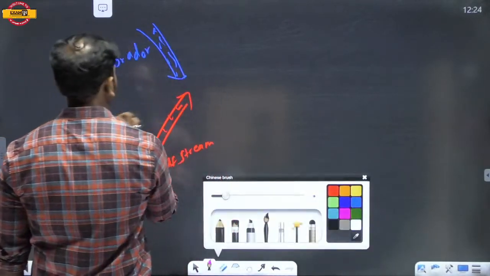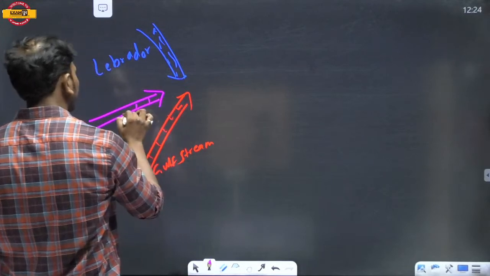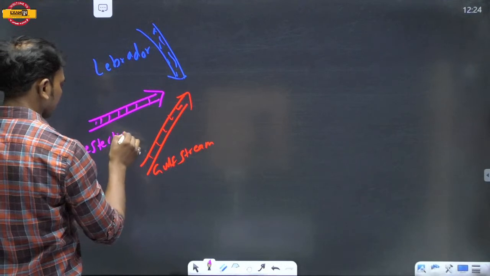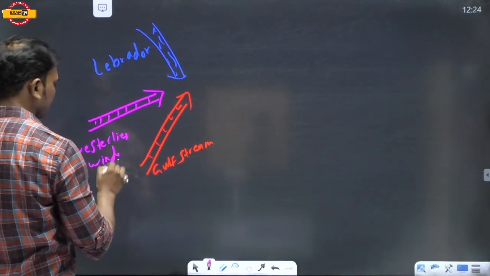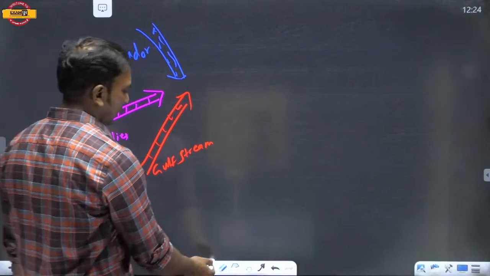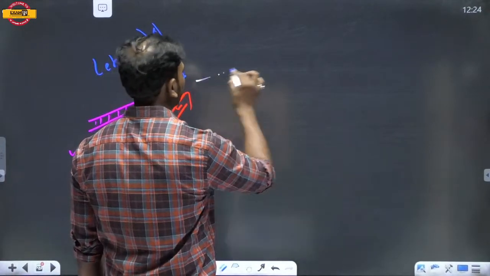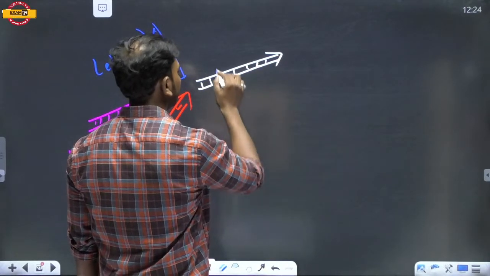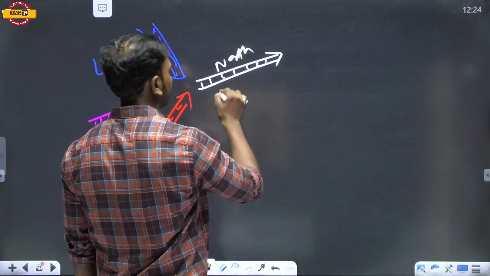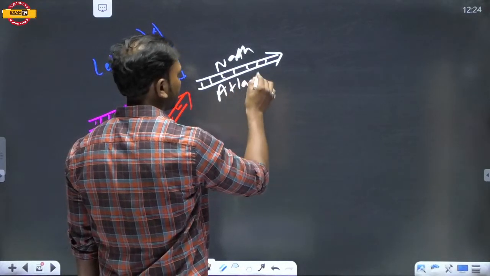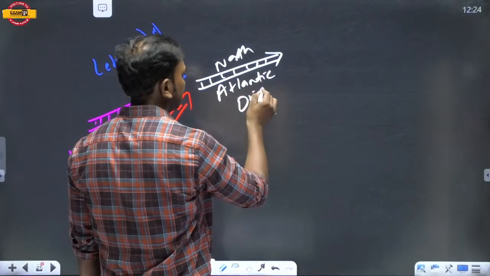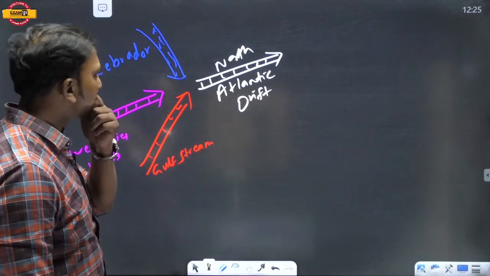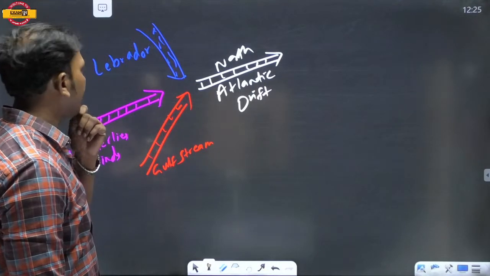Because of the impact of westerlies winds, a new current has formed. That is the North Atlantic Drift.